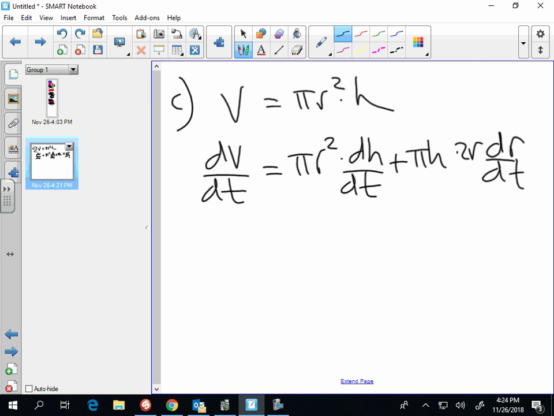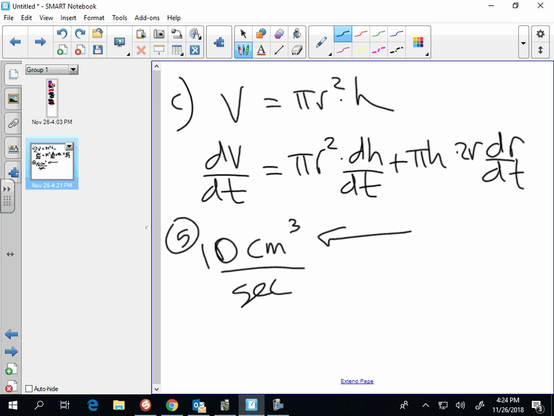Okay, question 5. A spherical balloon is inflated by pumping air in at a rate of 10 cubic centimeters per second. Now, look at that and tell me what it is. What are those units? Are those the units of area? Are those the units of radius?